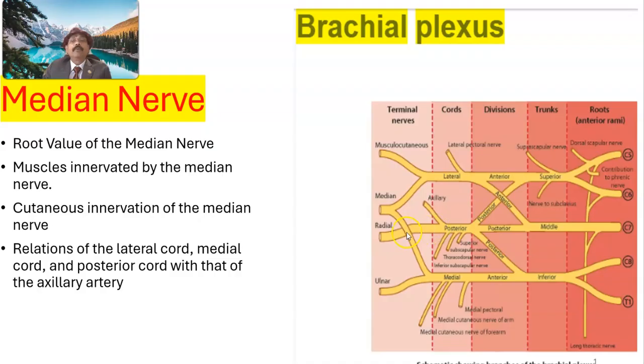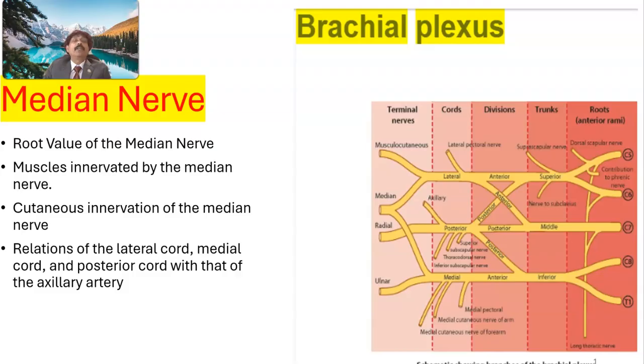The radial nerve goes down along the arm. It has a spiral course along the radial groove or spiral groove at the mid shaft of the humerus. Then it comes anterolaterally over the lateral aspect of the cubital fossa, and it gives cutaneous branches to the arm and the forearm, and it has a deep branch.